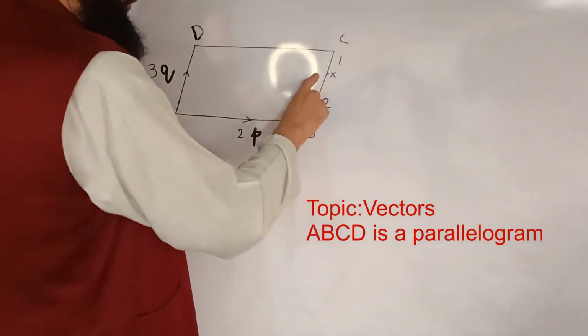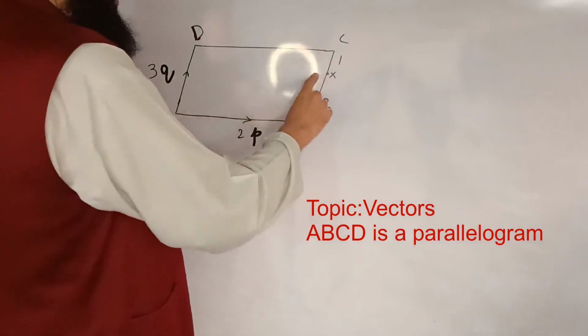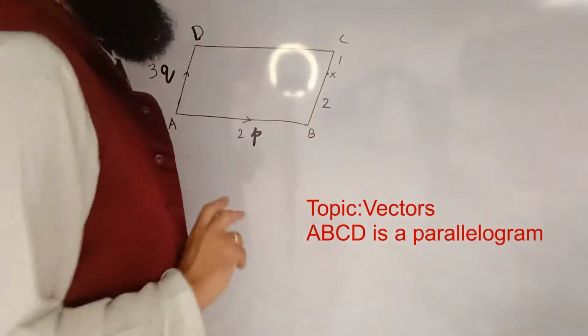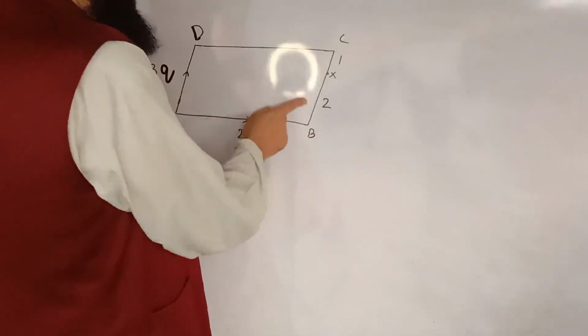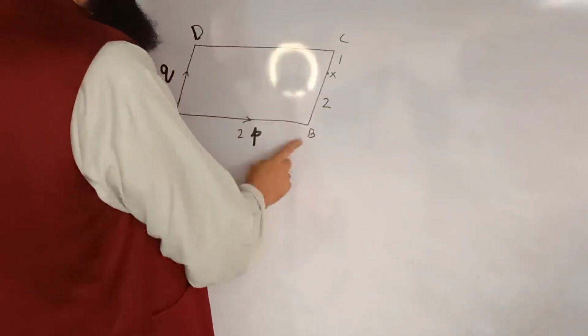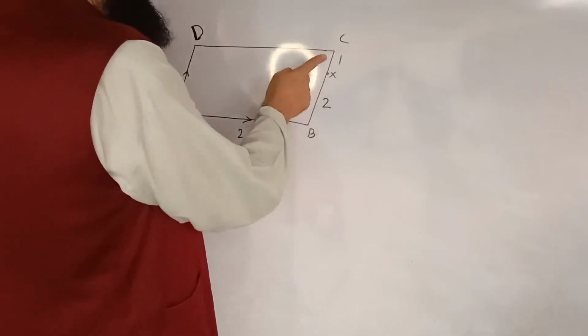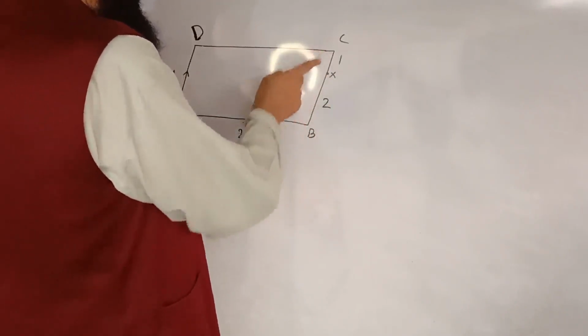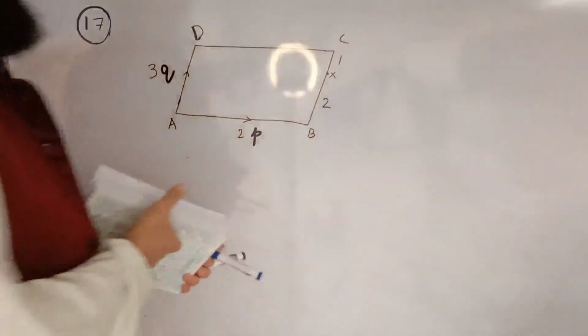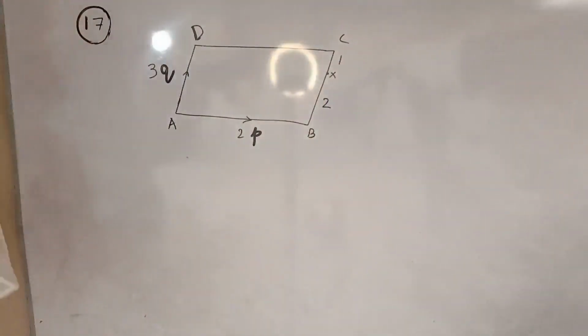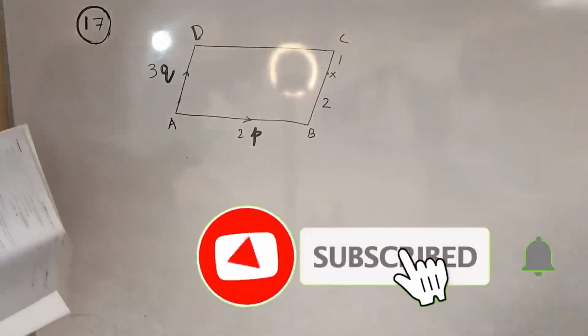If this ratio is 6, this is 3, this is 4, this is 2. So the ratio is 2:1, so overall it is 3. You have to take care of the direction there.